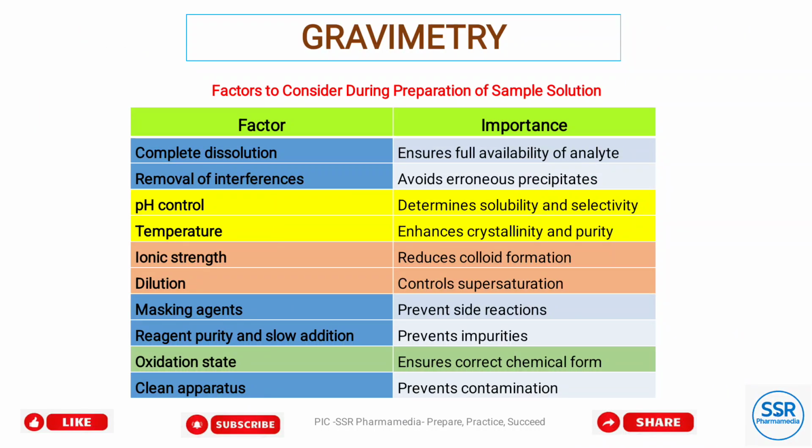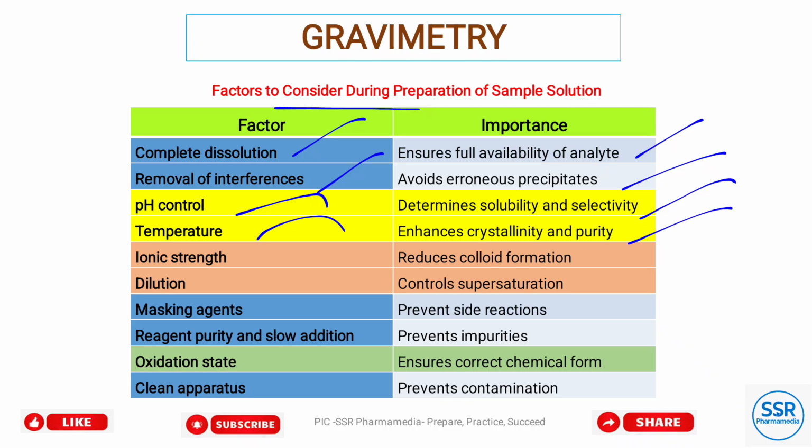Next are the factors to consider during precipitation of the sample solution. Complete dissolution: it is important to ensure full availability of the analyte. Removal of interference, to avoid erroneous precipitate. pH control determines solubility and selectivity. Temperature enhances crystallinity and purity. Ionic strength reduces colloid formation.